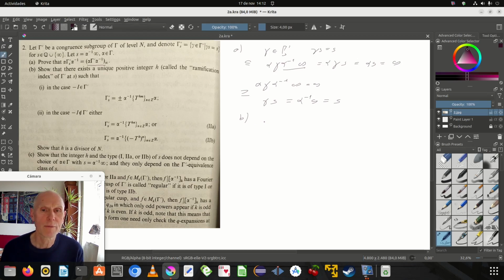So we have that alpha gamma mark alpha inverse of infinity equals infinity, and which elements map infinity to infinity.